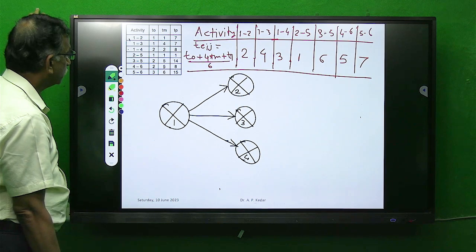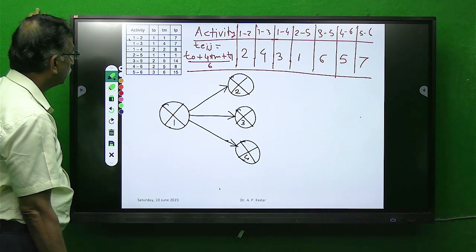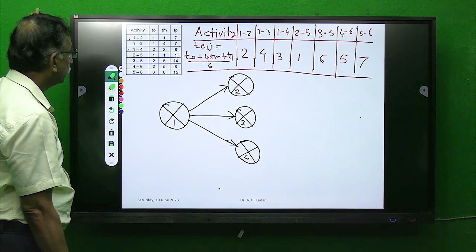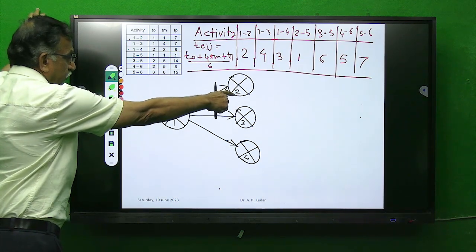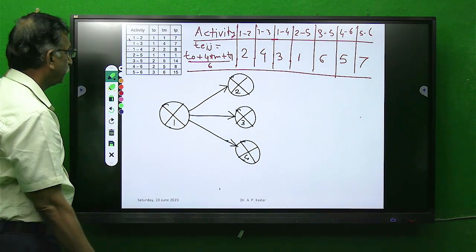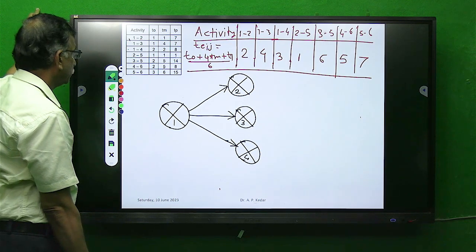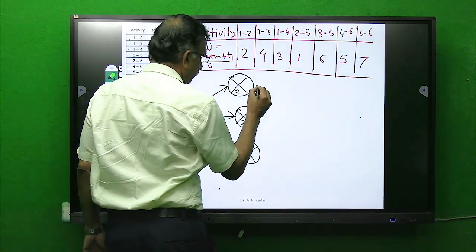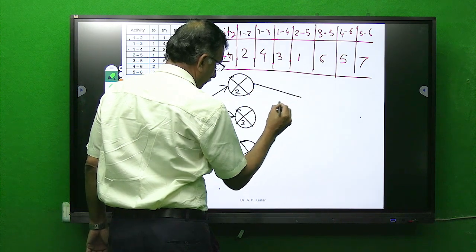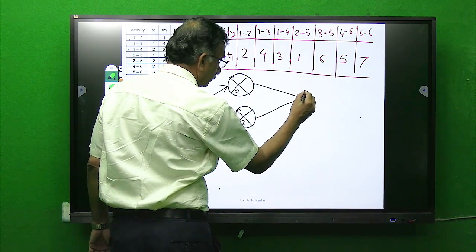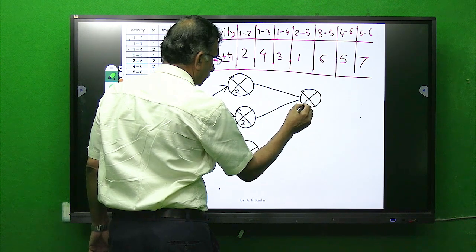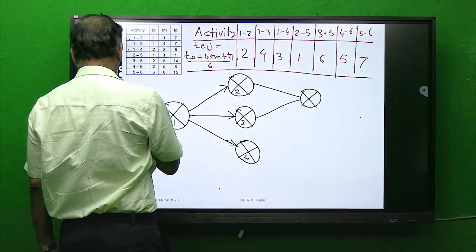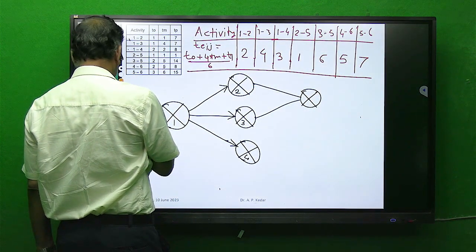Now from 2 to 5 and 3 to 5. So this is event number 2, this is event number 3, and it ends with 5. So 2 to 5, 3 to 5. I will draw it a little bit bigger because we have to write some values there.